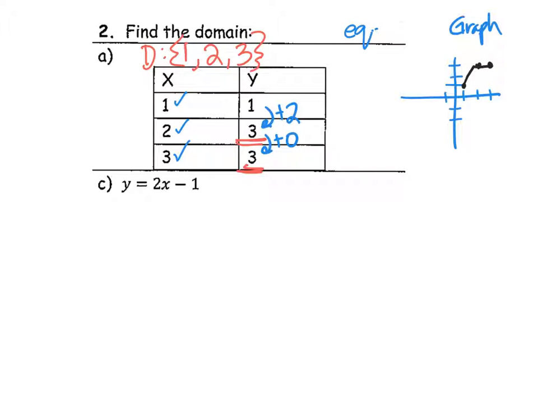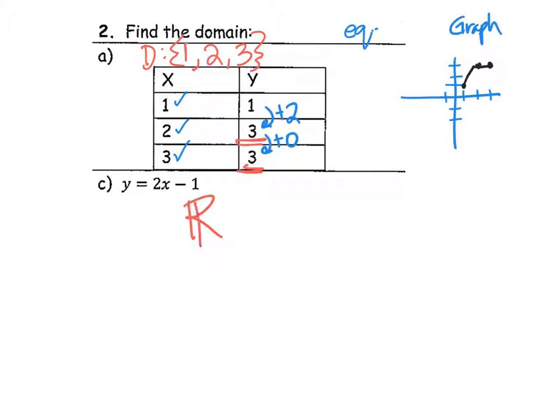Let's jump to C. That's fine. A is fine. C. Whenever you have just a normal equation, you guys, it's always all real numbers. So it's like a giveaway. I'm not going to make you graph it because we don't know how yet. I'm not going to do table of values because we don't have a table of values.